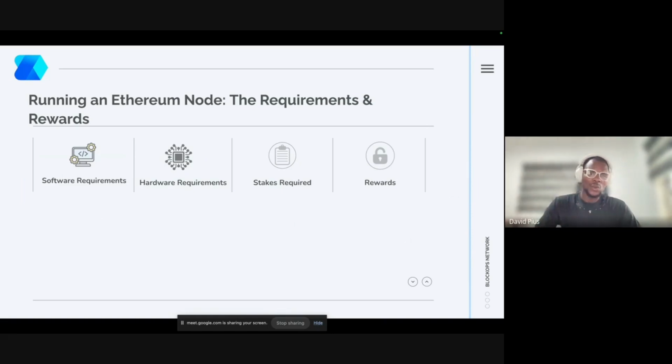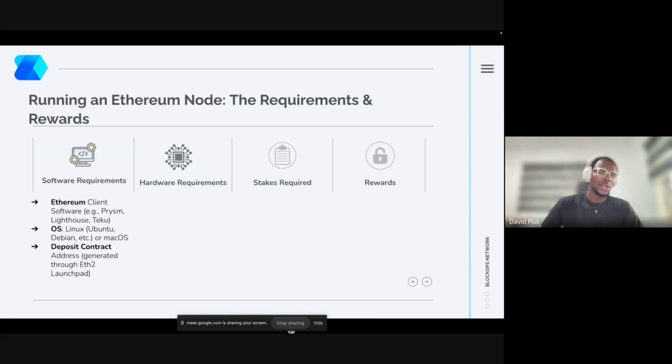One of the requirements is software. You need a number of softwares to run an Ethereum node. You need hardware. Also, you need to stake 32 Ether. And then for rewards, you need a wallet where your rewards will be going.